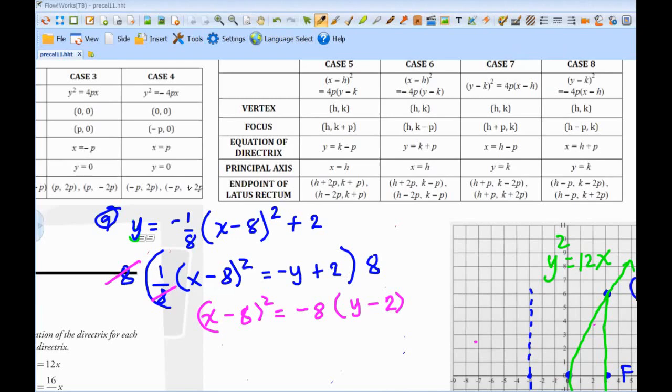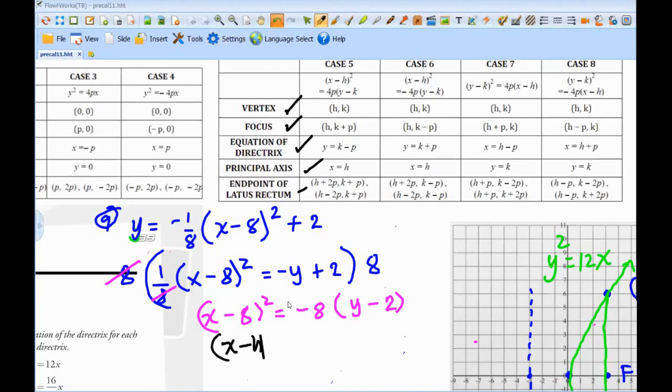So now we have the vertex, the focus, equation of the directrix, principal axis, and then the endpoints. So we will be copying that formula because it is (x minus h) squared equals negative 4p (y minus k).